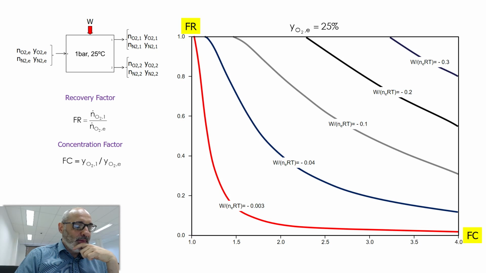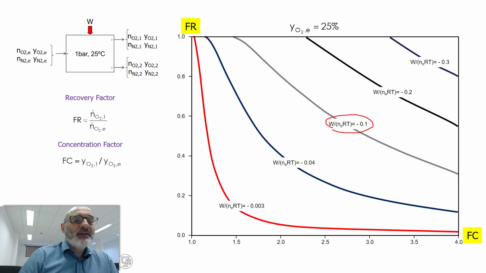Let me get my pen here. Okay, let's assume that we're going to inject this amount of work. This is the amount of work that I can inject to separate oxygen from the atmosphere.